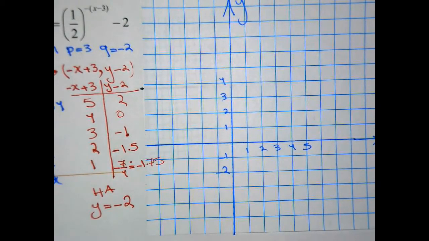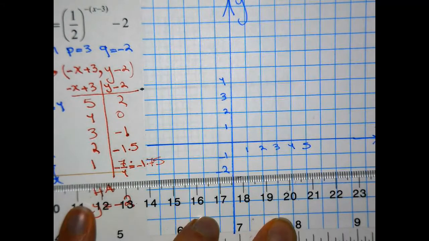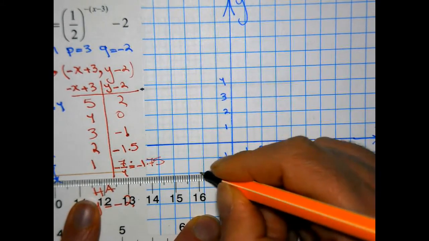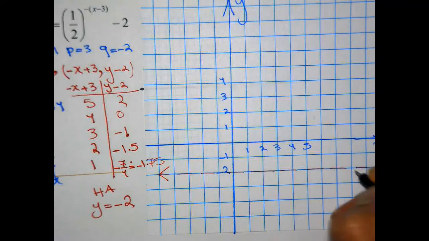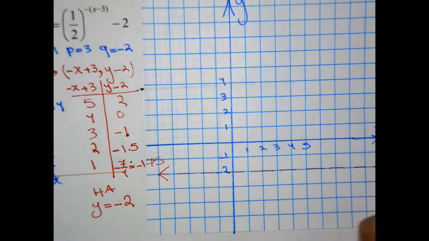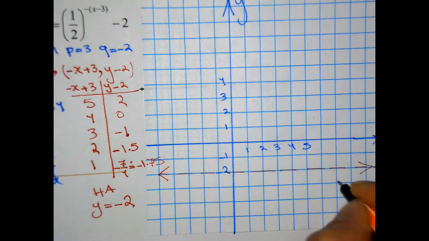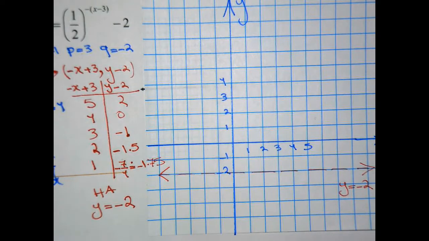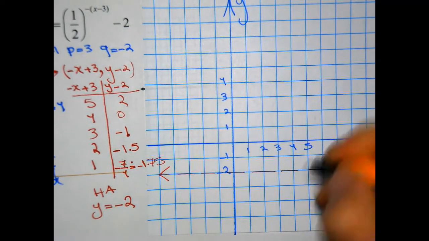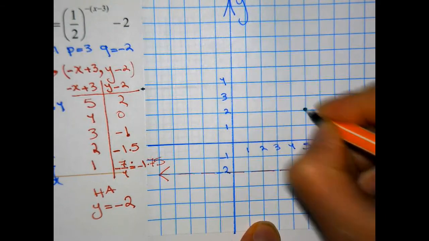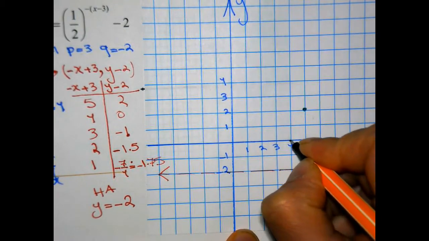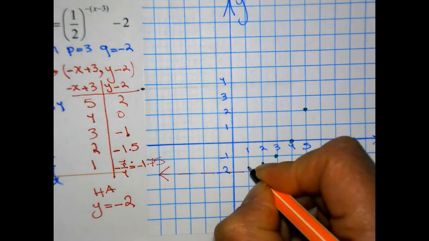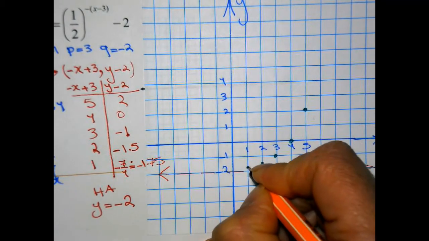As I said before, the best place to start is always to start by drawing our horizontal asymptote. Y equals negative 2. And now let's put our points in. 5 and 2, 4 and 0, 3 and negative 1, 2 and negative 1.5, and negative 1.75.